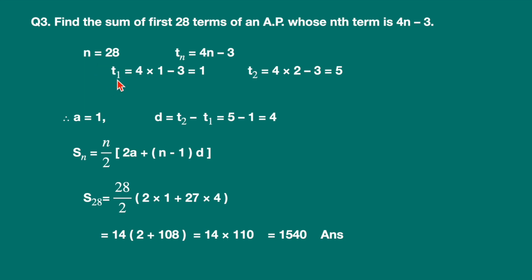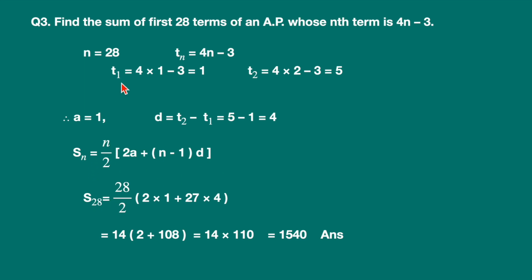Let's find the first term, T1. Substitute n is equal to 1. You'll get the first term, 4 into 1 minus 3, that is 1. Second term is 5. So a is 1, and d, the common difference, T2 minus T1, is 4. Now very simple, use the formula for Sn.